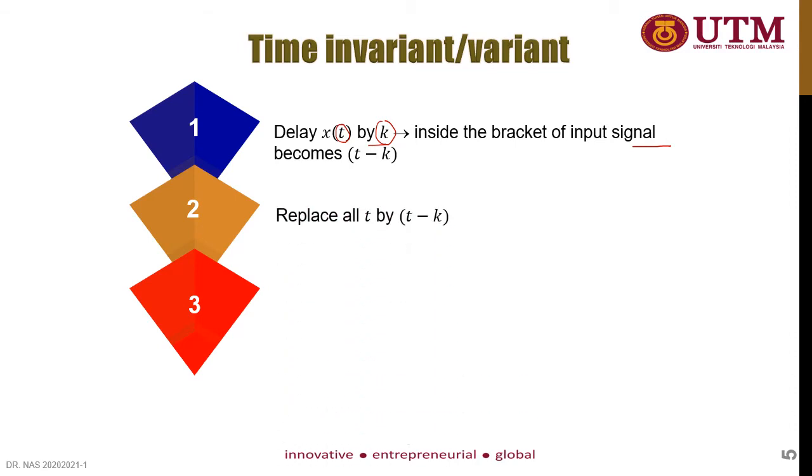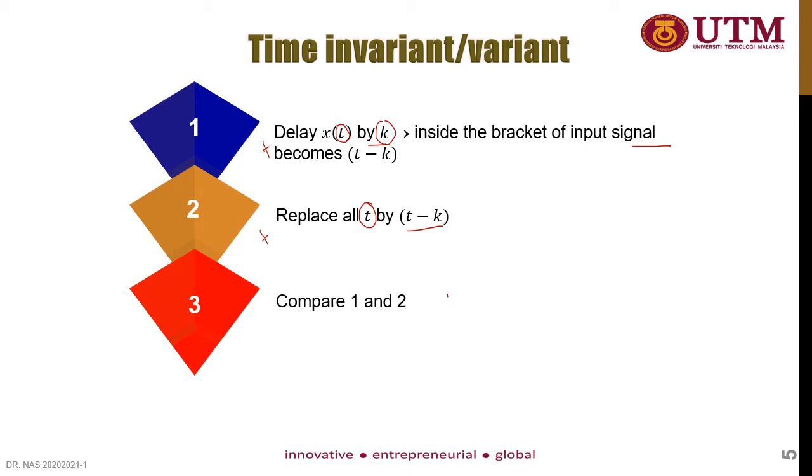The second step, you need to replace all t inside and outside the bracket by t minus k, or n minus k if the system is a discrete time system. And the third step, you need to compare the equation in step 1 and the equation in step 2, to identify whether this system is time invariant or variant.